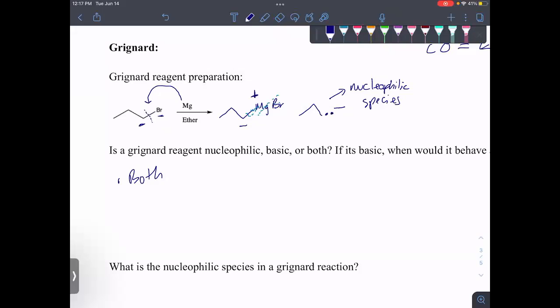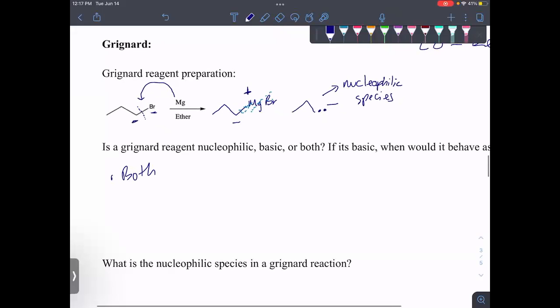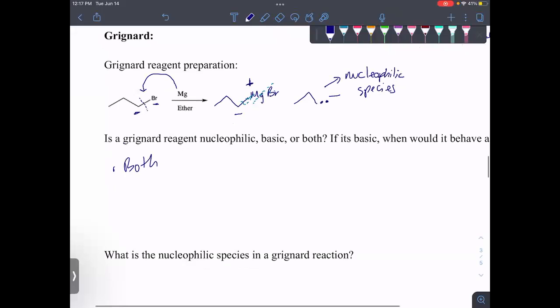So it is basic, and there's one specific case where it's going to act like a base. If there are any acidic protons in the solution or reaction whatsoever, your Grignard is gone, it's ruined, it's just going to attack that acidic proton. So it's going to act as a base when there is an acidic proton.